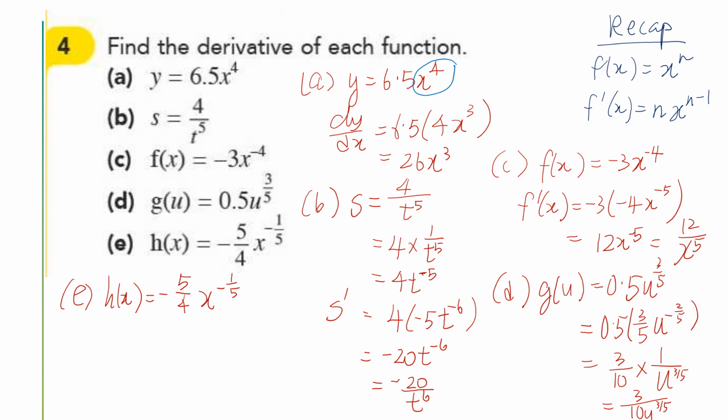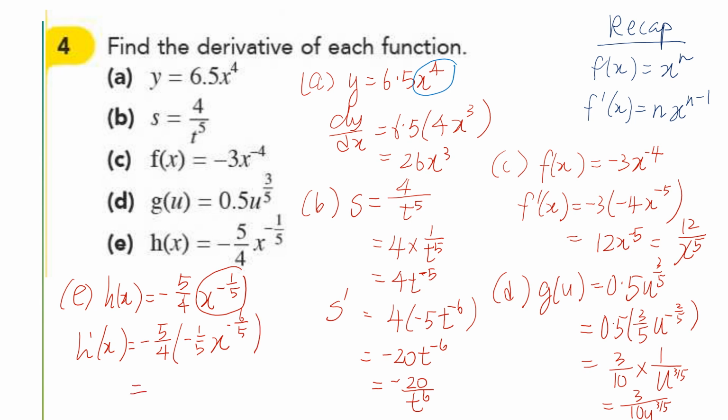Alright, so the derivative for h of x will be h prime x. That's what we've done for the previous example. Ignore the constant negative 5 over 4. We just differentiate this. Bring the power down, which is negative 1/5, and then the power minus 1. So it's negative 1/5 minus 1, and that gives you negative 6 over 5.